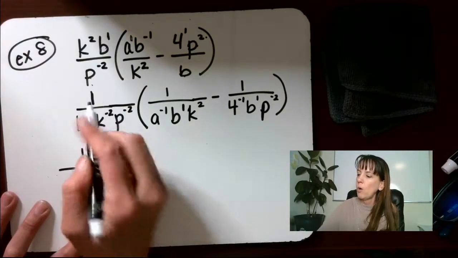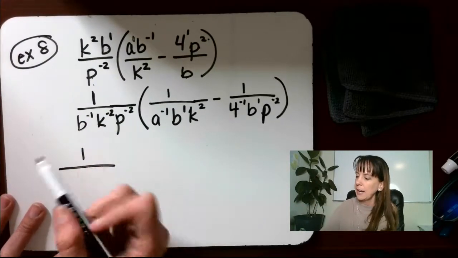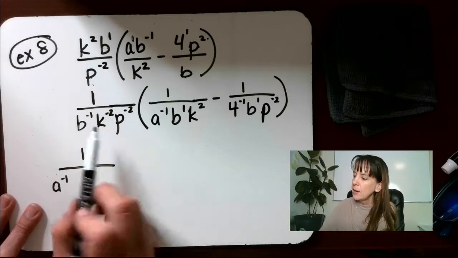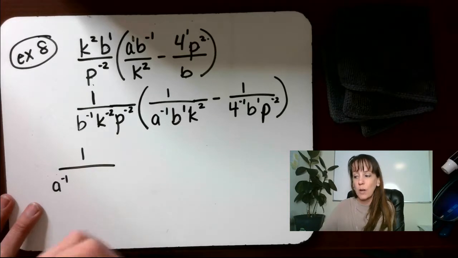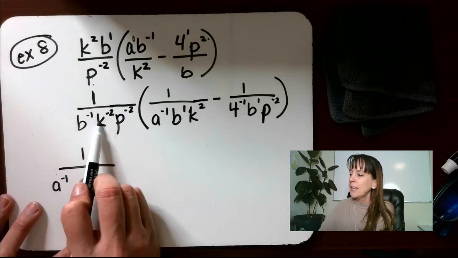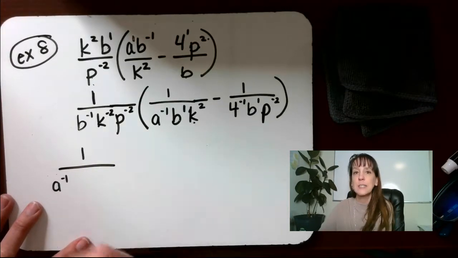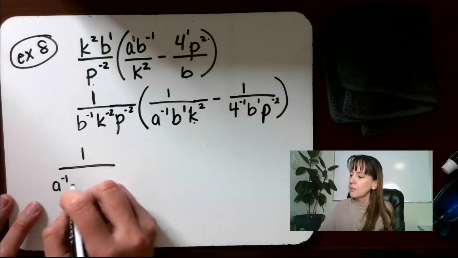So first one, 1 times 1 is 1. Now downstairs I have a to the negative 1, b to the negative 1 times b to the 1 is b to the 0, which is 1, so we don't even have to worry about that. k to the negative 2 and k to the 2 is k to the 0, which is 1. So we don't have to worry about that either.